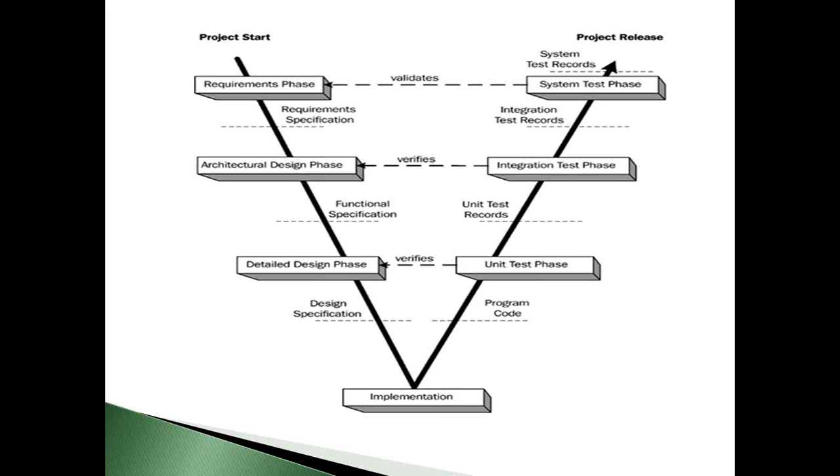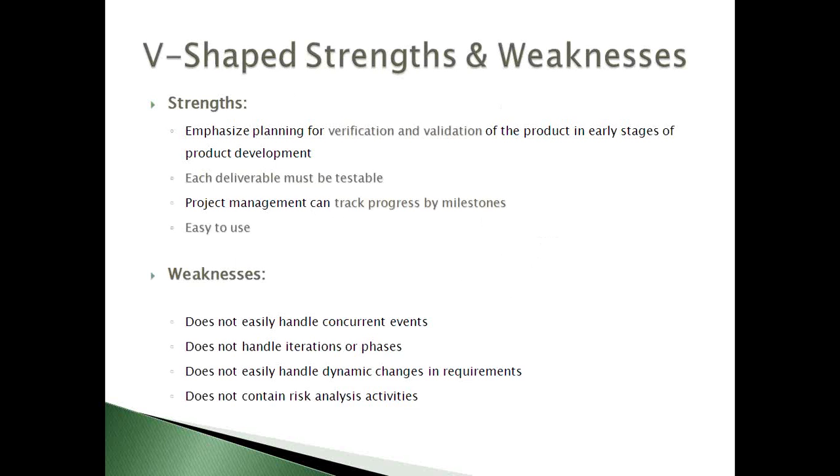So let us see the advantages, I mean the strengths and the deficiencies of this V model. The strength of the V model is that we emphasize the planning for verification and validation of the product in the earlier stage of product development. So this helps us: if we are having any issues or any changes in the functionality of the requirements, we are able to catch them in the earlier stage of the product development.